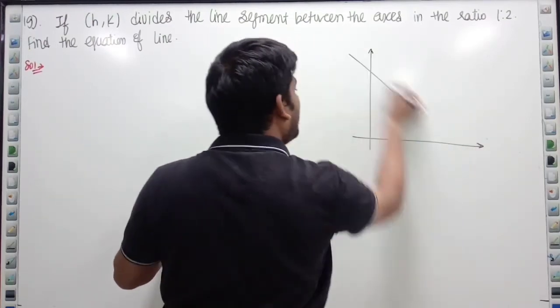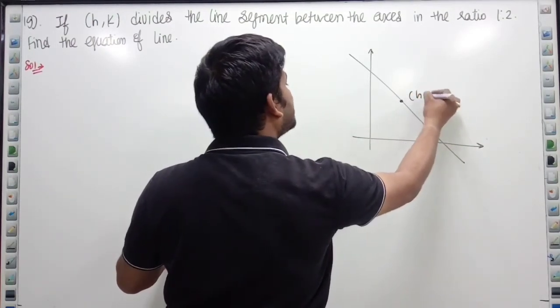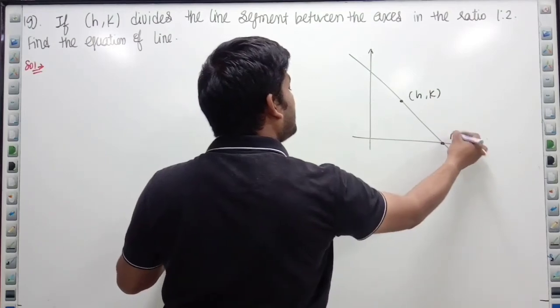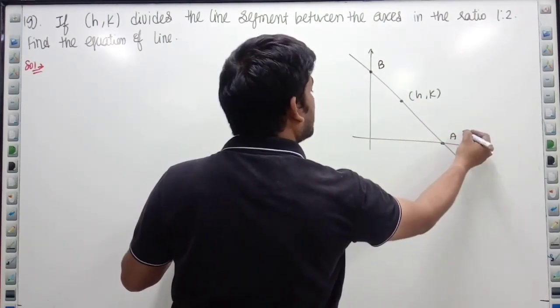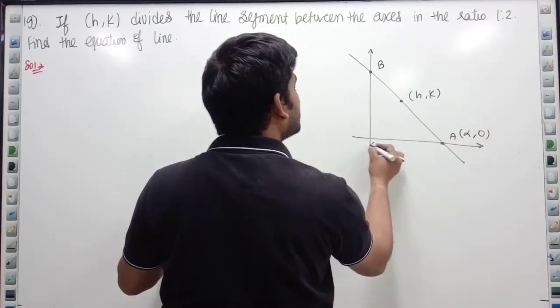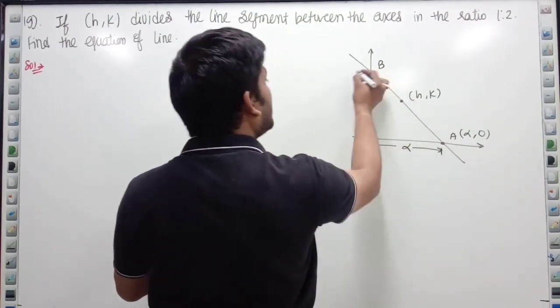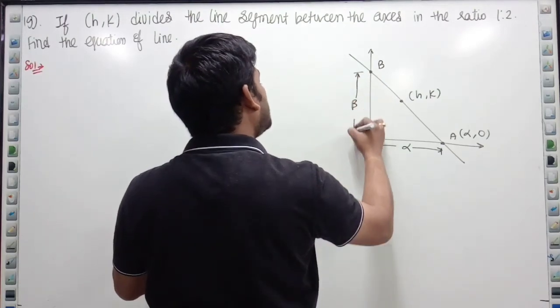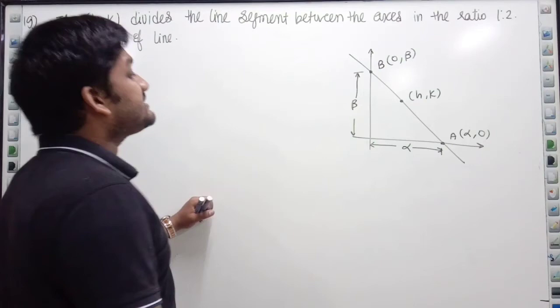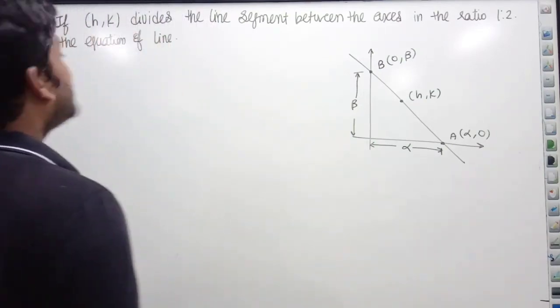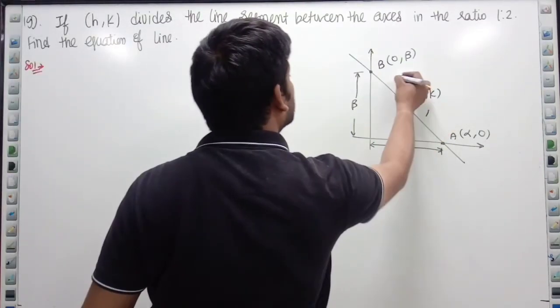We have a line in between, and the point is h comma k; the same, this is a, this is b. If I take it as alpha comma 0, this length is alpha. If I take it as 0 comma beta, this length is beta, and this hk divides the line segment in the ratio 1:2.